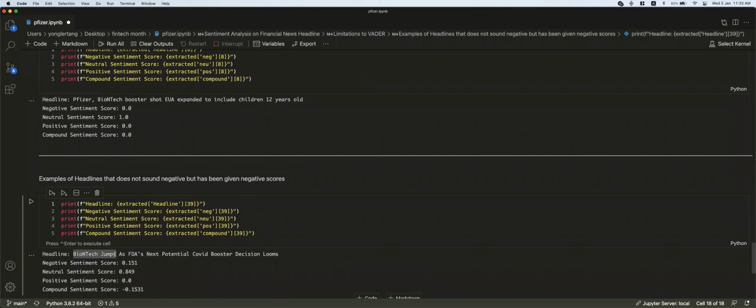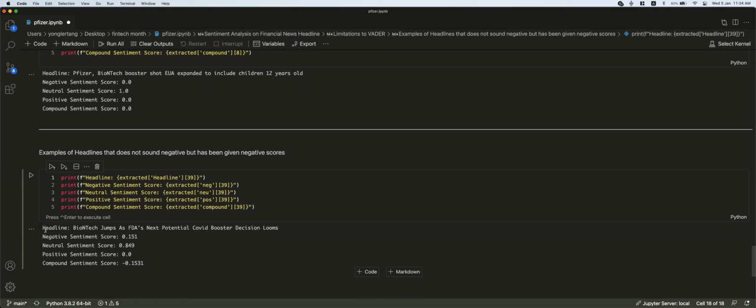It might be a good thing for some people to see that the stock price has jumped due to the upcoming decision. But VADER actually gave it a somewhat negative score, with 0 for the positive sentiment score, so the compound score is actually negative.